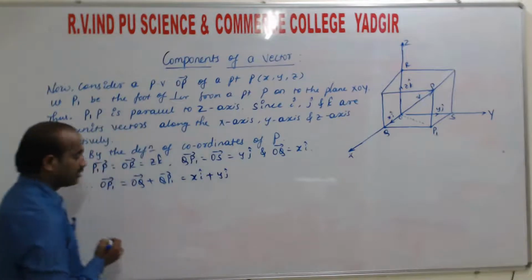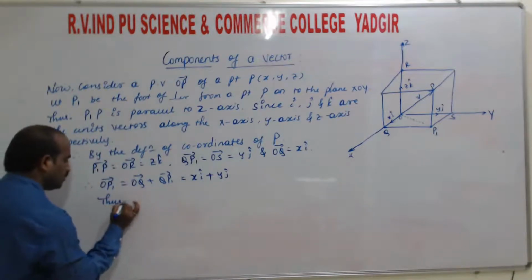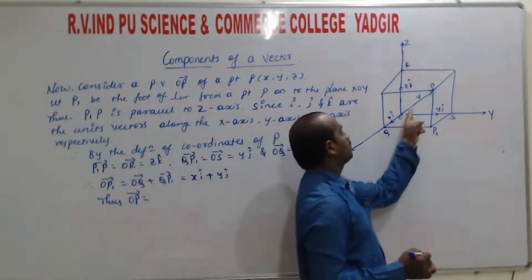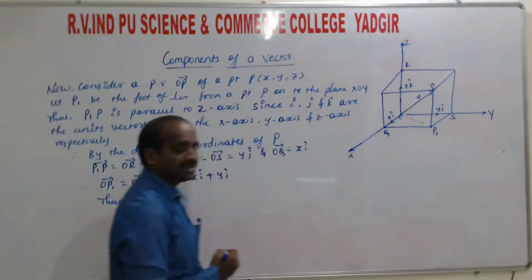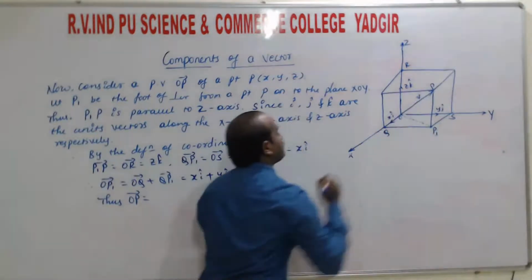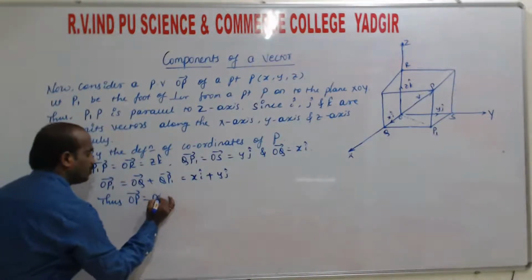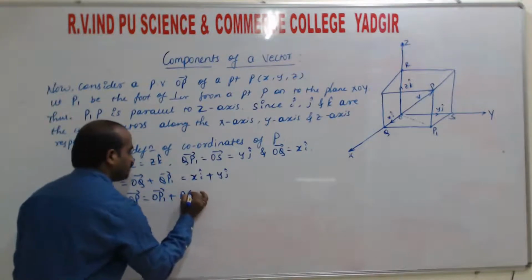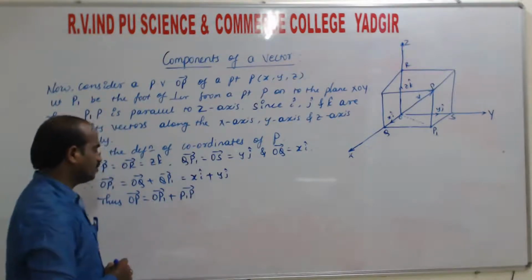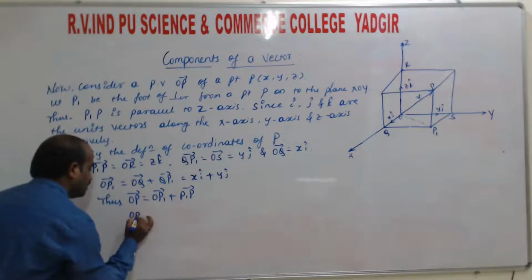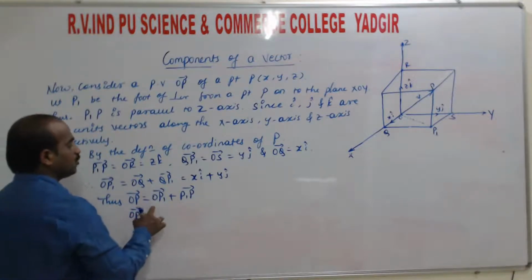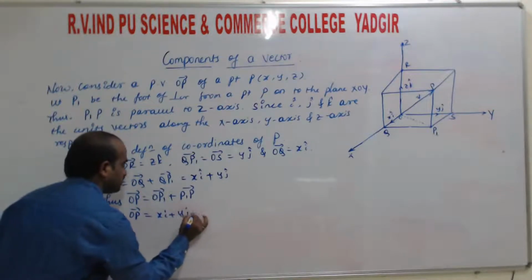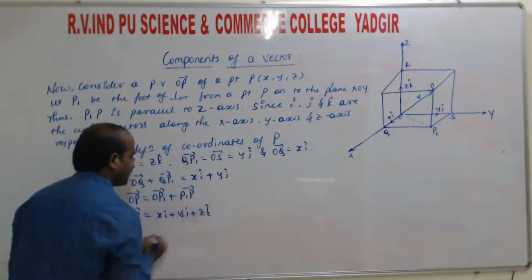Thus, the OP vector is equal to the OP1 vector plus the P1P vector. OP vector is equal to OP1, which is xi plus yj, plus zk.